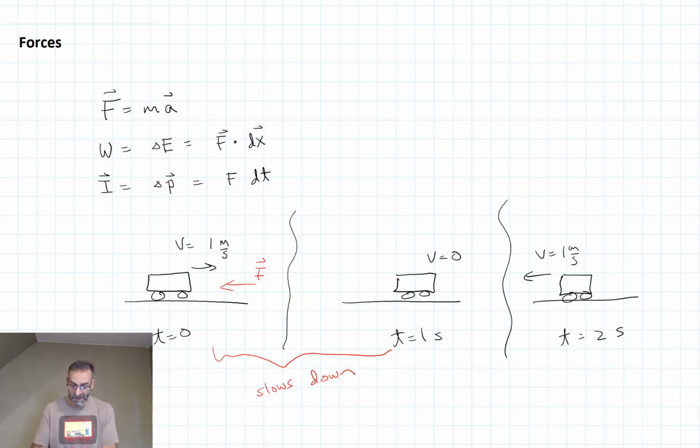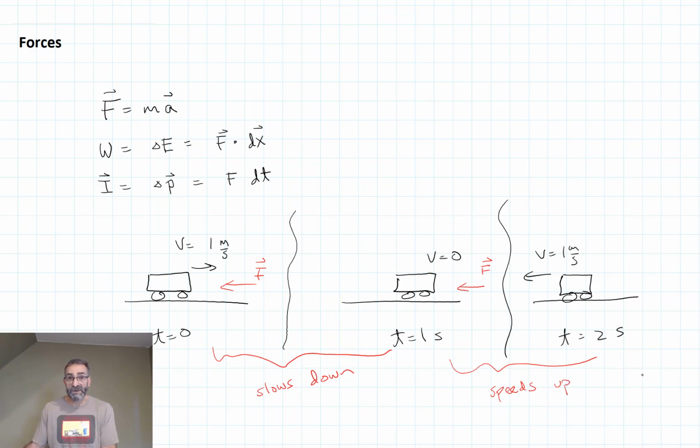And that same force is acting on it at all times, because between t equals 1 and t equals 2, it speeds up. But it's always experiencing acceleration to the left.